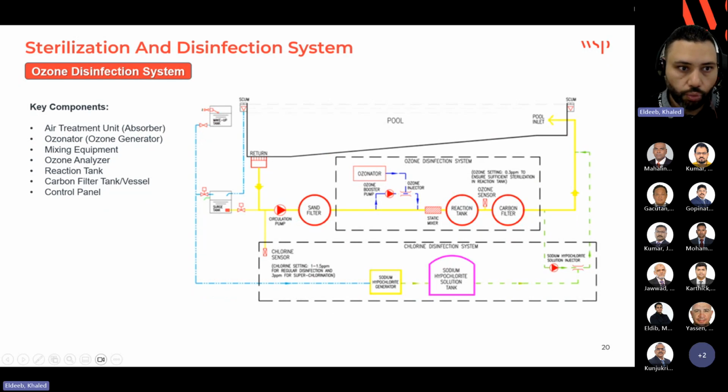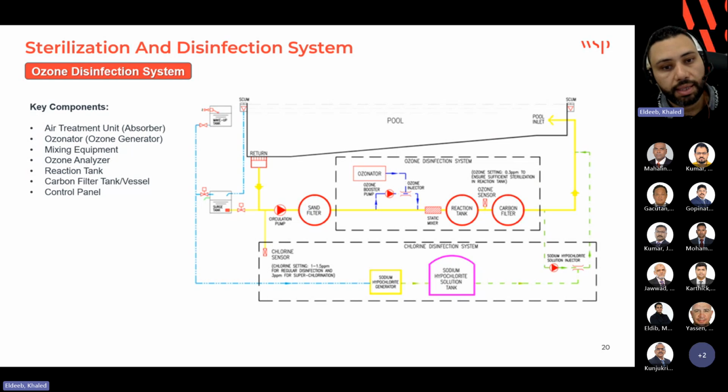Okay, so what are the components of the ozone generation system? First, we have something called the air treatment unit. We call it the absorber. This one removes moisture and dust from the air before entering the ozone generator unit, to ensure efficient ozone production and also prevent unwanted byproducts.